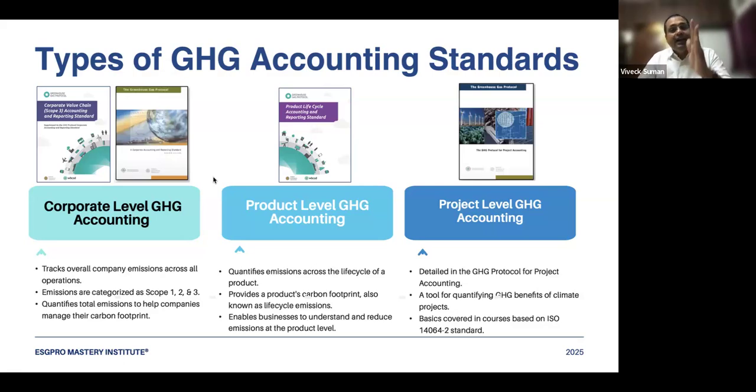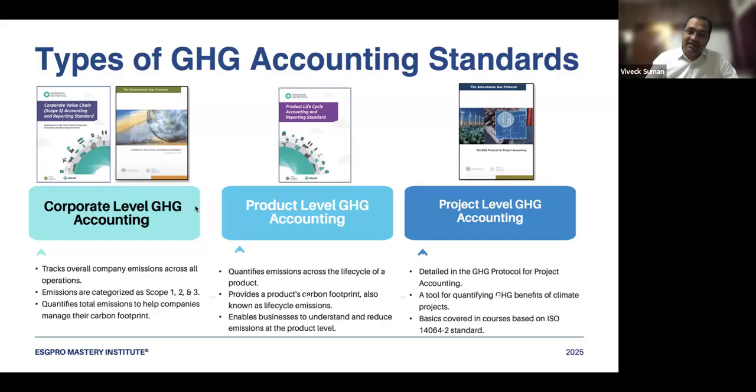In the GHG Protocol you also have an independent booklet called product level GHG accounting, which quantifies the product level life cycle. Complete LCA of the product gets accounted here. It doesn't talk about the other stuff. It only talks about the product for which I am trying to find out how much carbon footprint it is creating. So it provides a product carbon footprint, also known as the life cycle emission of that product.